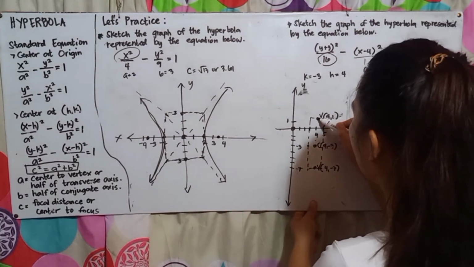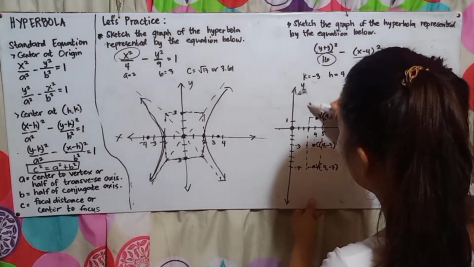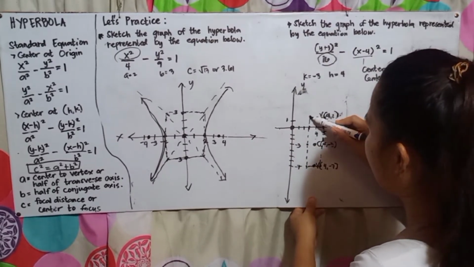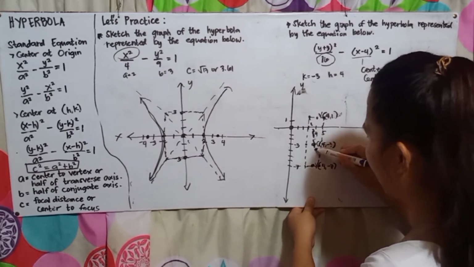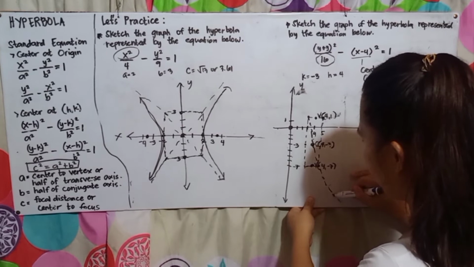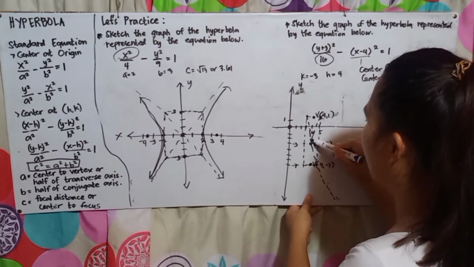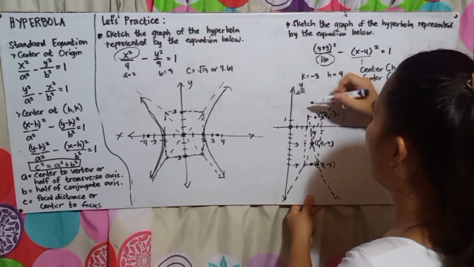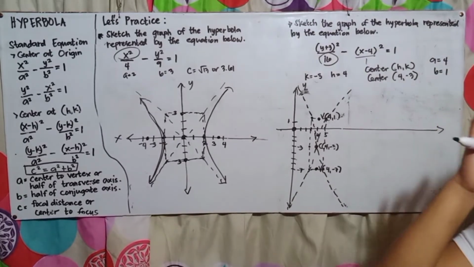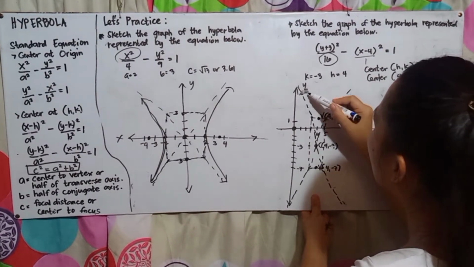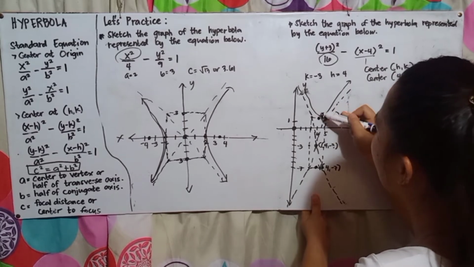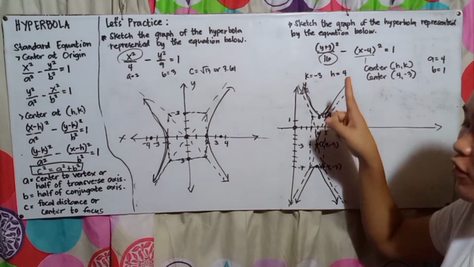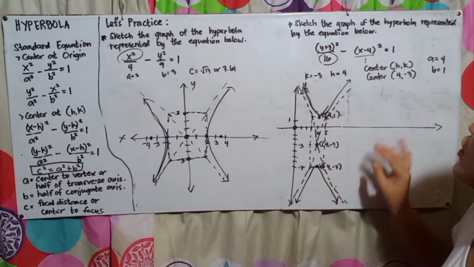So, since this is now our vertex, from the endpoint sa ating imaginary rectangle, mag-drawing tayo ng asymptote. And, so, asymptote is the boundary of our graph. Since ito yung vertex, paano ato ang graph? So, this is our full vertex. So, therefore, opens upward. And sa baba, opens downward. So, this is now our graph.